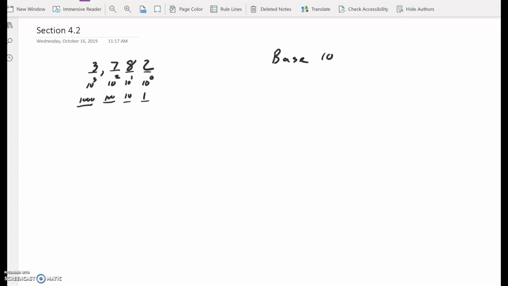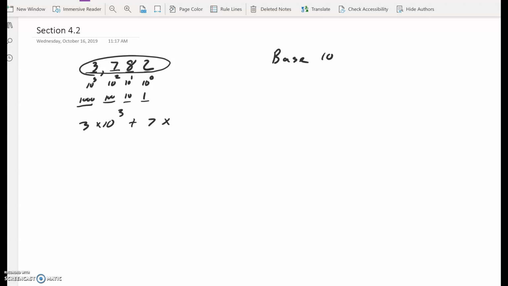So when you write a regular, ordinary base 10 number in expanded form, you write out each of the digits times what the digit is worth. So it's 3 times 1,000, but I'm going to put times 10 to the third, plus 7 times 10 to the second. You can use a times sign or a dot, it doesn't matter.